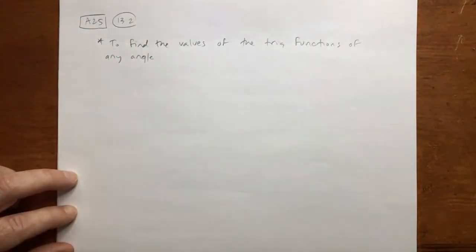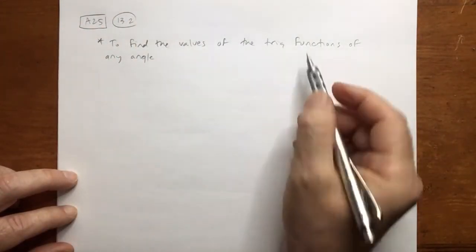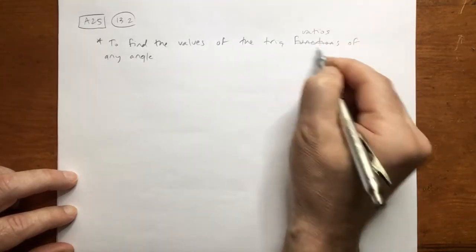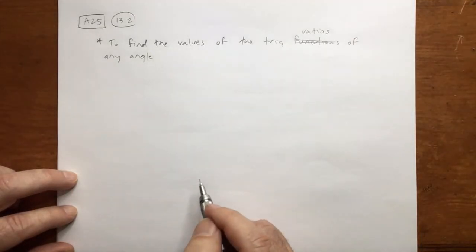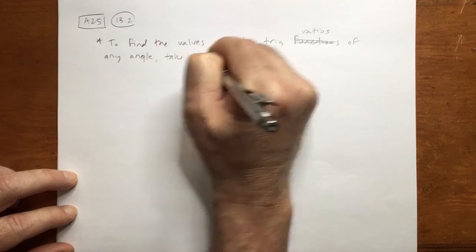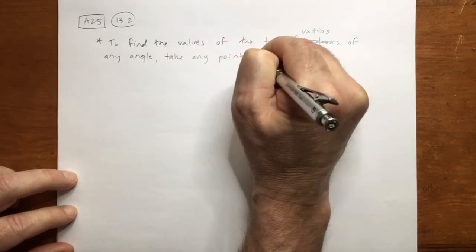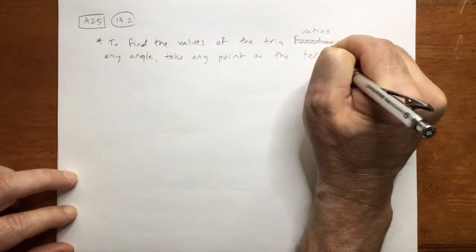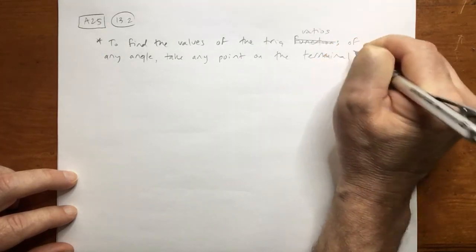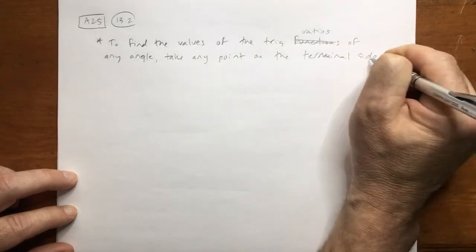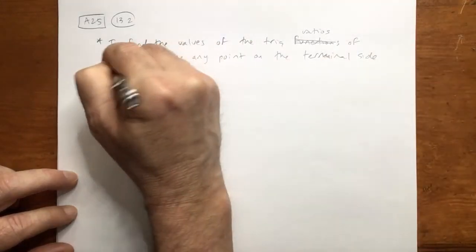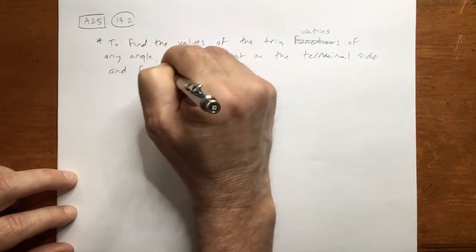So we want to find the trig ratios. I really should have put ratios here. Later you'll talk about trig functions. This is what we do. Take any point on the terminal side, like we learned about. And find the reference angle.